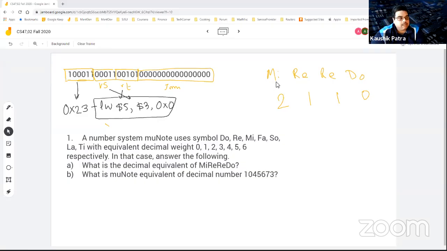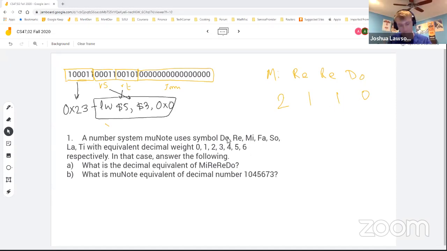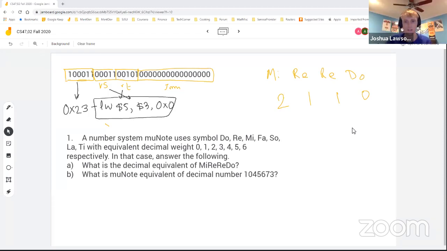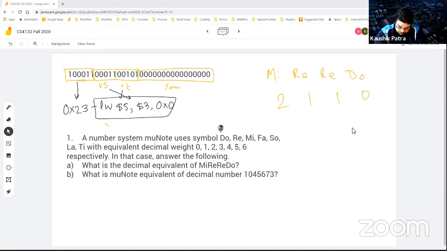So this is something like this, right? Mi, re, do, 2, 1, 1, 0. That is coming from do is 0, re is 1, mi is 2. And where did you get the 7? Since the number system is of base 7. How do you know this is base 7? It has 7 values, so it uses 7 symbols.